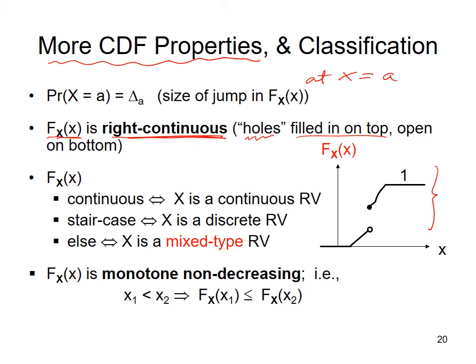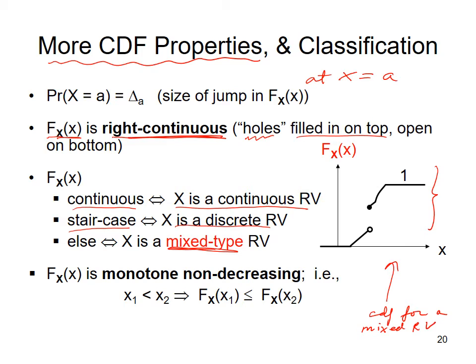And some claims, again, about classification. The CDF is continuous if the random variable is continuous. The CDF is staircase if it's a discrete random variable, and anything other than that would be a mixed type random variable. This is an example of a mixed random variable. So this is a CDF for a mixed random variable.